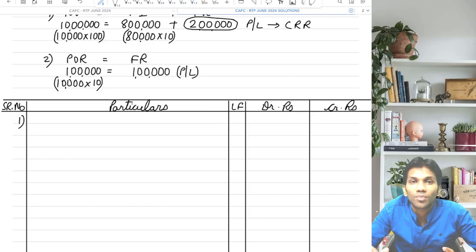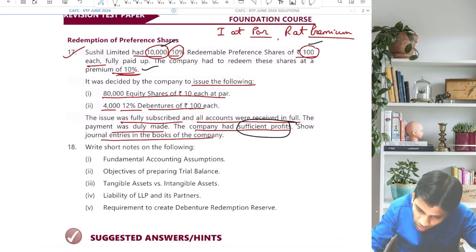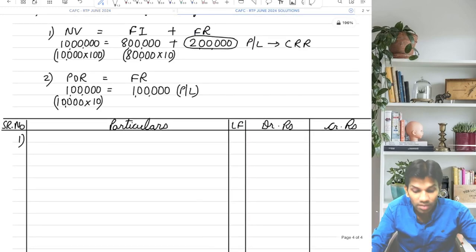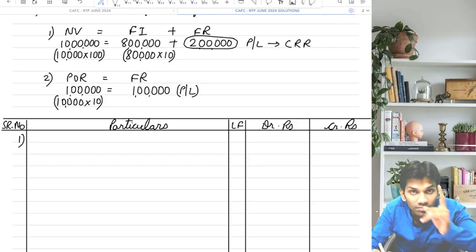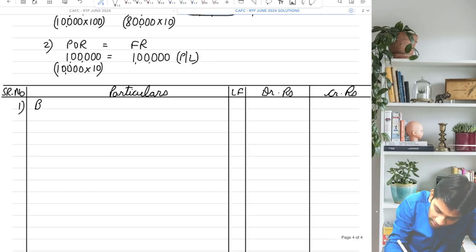First entry you have to pass is sale of investment. Has the company sold any investment? The answer is no. Second step, fresh issue. Yes, the company has made a fresh issue of shares. Check equation number 1. Fresh issue 8 lakh rupees. The company has issued equity shares at par. So I'll say bank account debit to equity share capital.